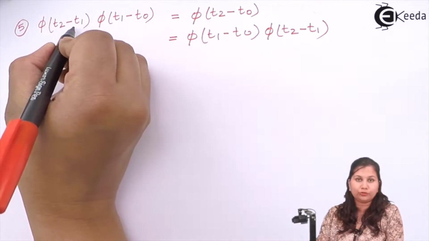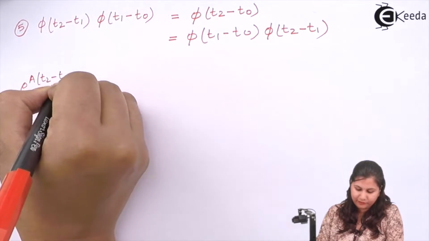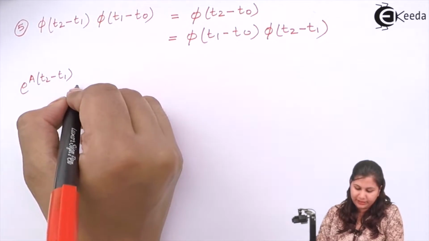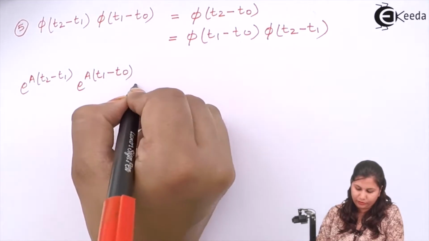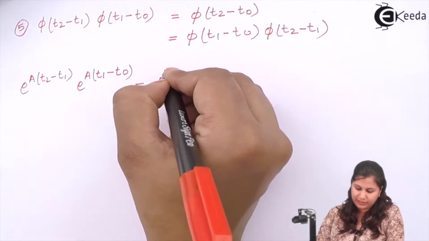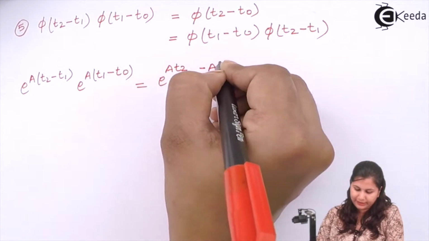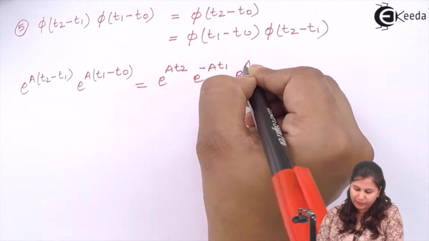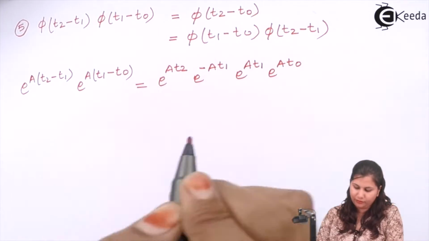We have phi(t2 minus t1), which means e raised to the power A(t2 minus t1). Then phi(t1 minus t0) means e raised to the power A(t1 minus t0). So if we expand this, we will have e raised to the power At2, e raised to the power minus At1, e raised to the power At1, and e raised to the power minus At0.